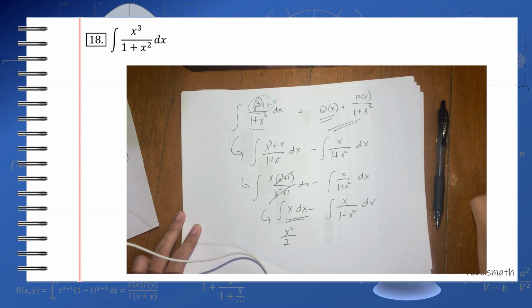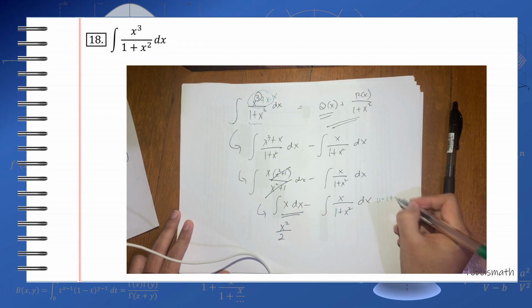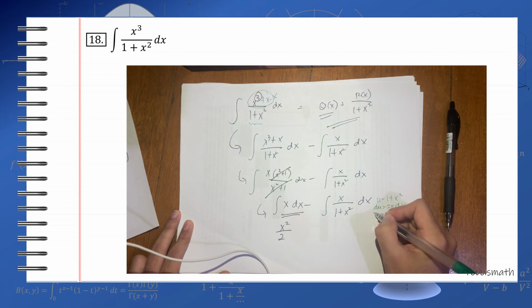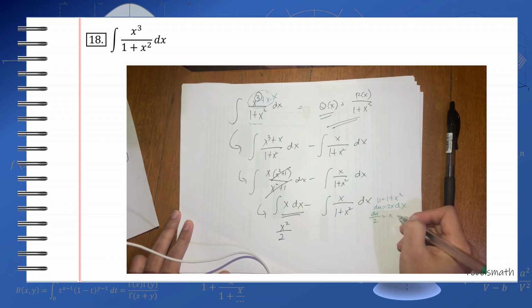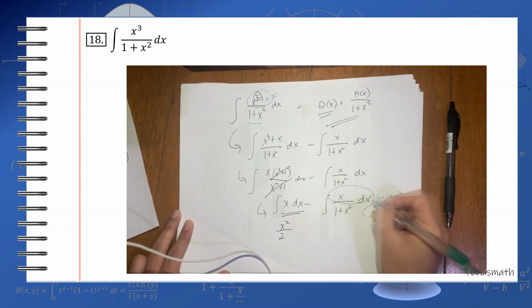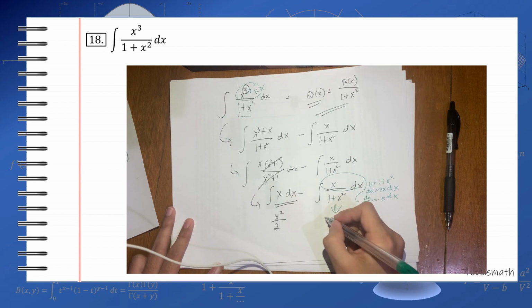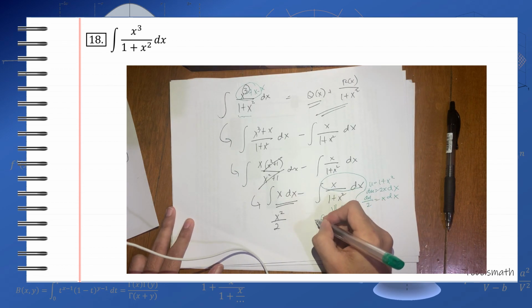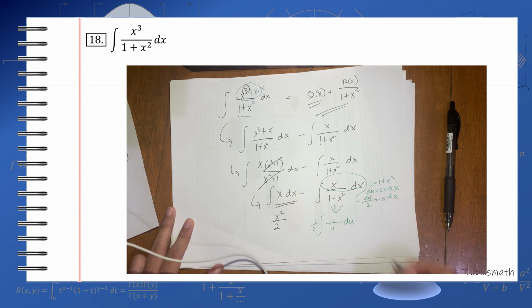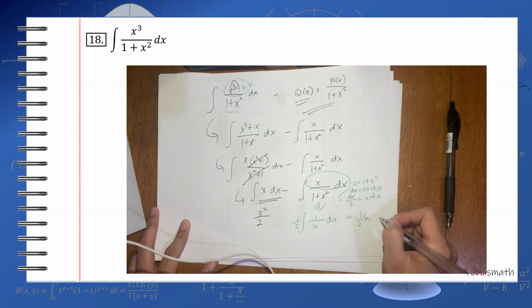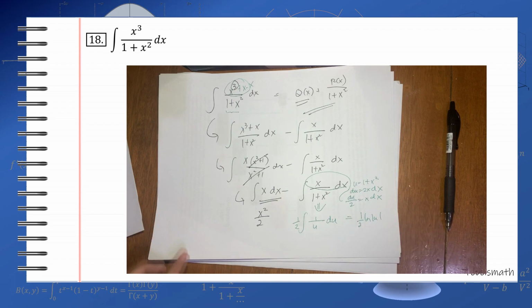For this one, we let u be equal to 1 plus x squared. du is equal to 2x dx. So du over 2 is equal to x dx, which is that one. So this one simplifies to the integral of 1 over u times 1/2 du, which is 1/2 ln of u.